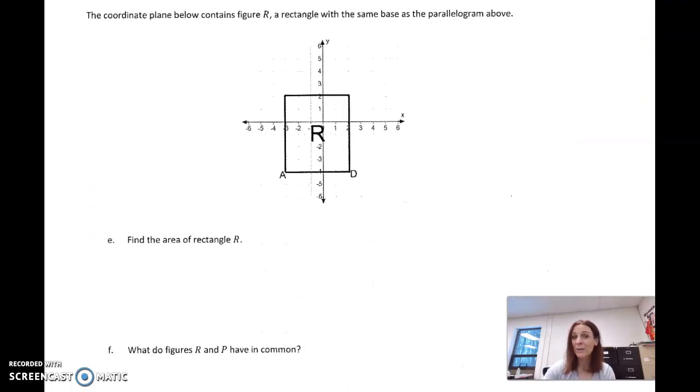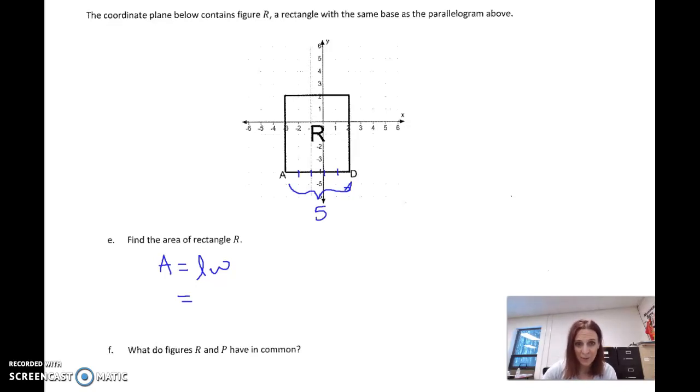So let's look at maybe another example. This one's a little different. This is rectangle R here, and it says find the area of rectangle R. No problem. I know the area of a rectangle formula is length times width. So all I have to do, and again, my picture didn't turn out very well, is count. So this side right here, this length is 1, 2, 3, 4, 5. So I know its length or its width, doesn't really matter, is 5.